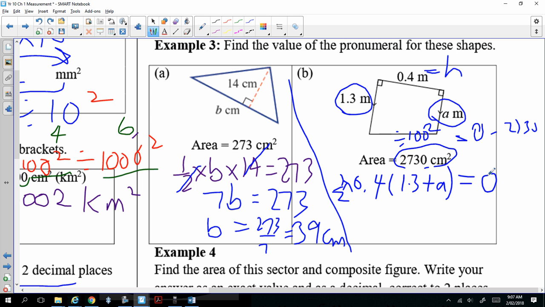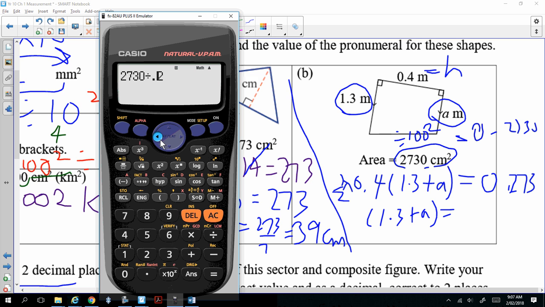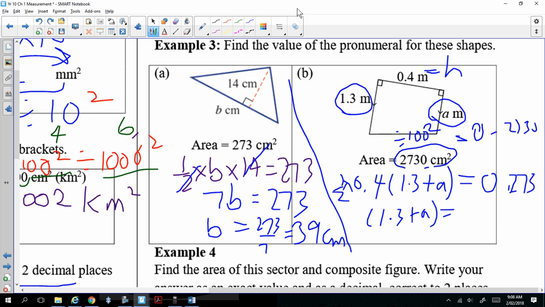And then you're going to divide by 0.2. So you put an extra 0 in front. Equal 1.365. Then you just subtract that by 1.3, which is 0.065 meters. Yes, we got it. All right, that's okay.